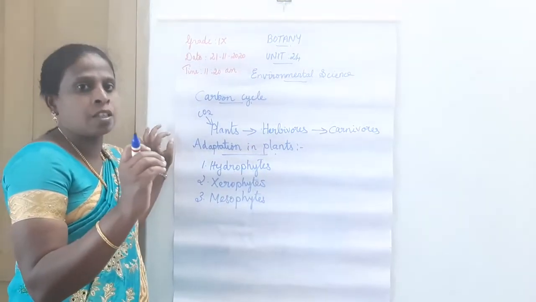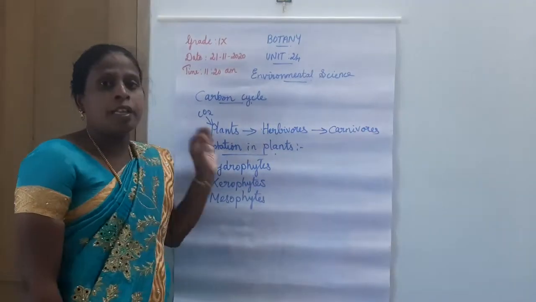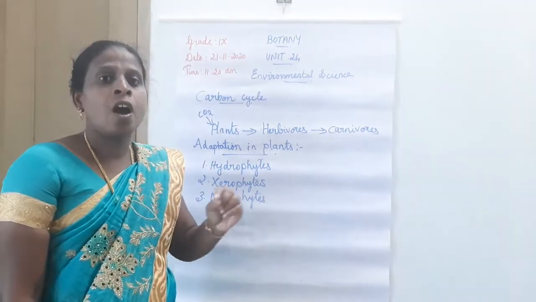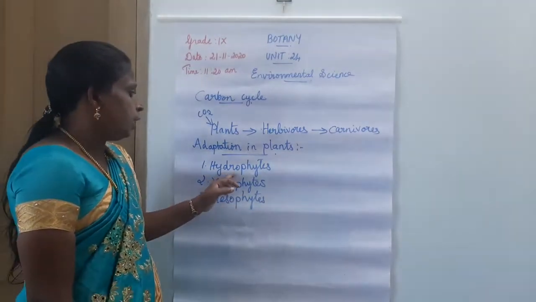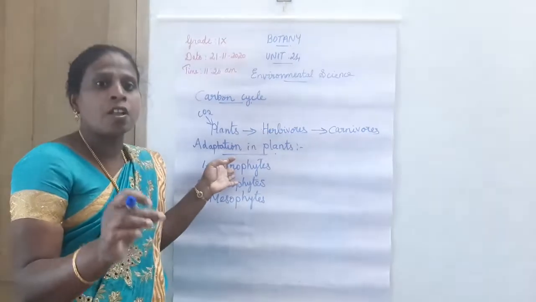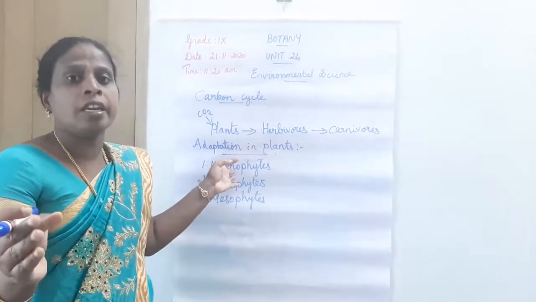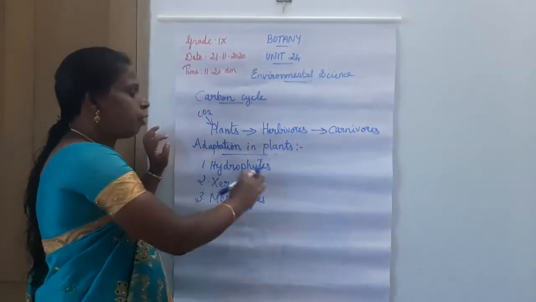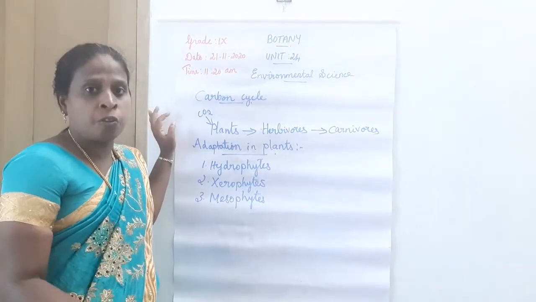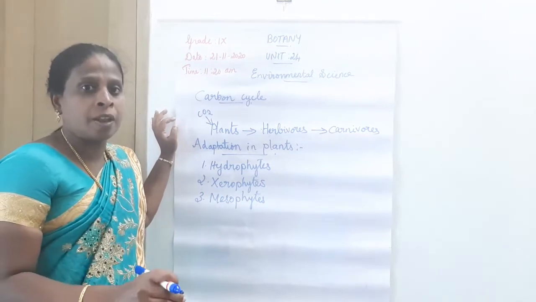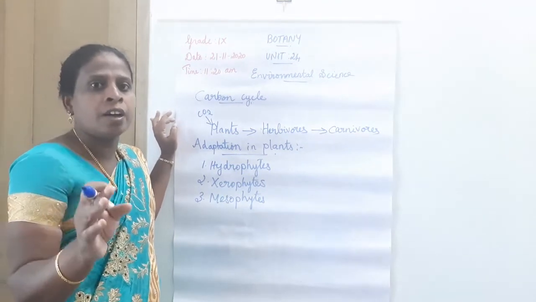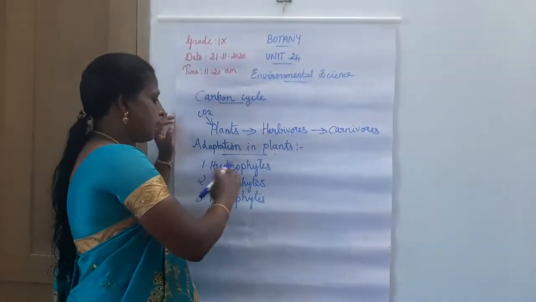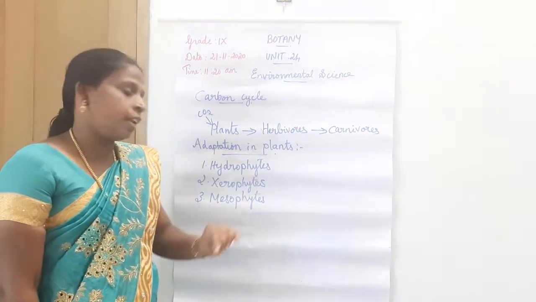So water plants are called hydrophytes. Hydrophytes are seen in water or near water. They consist of free floating plants and submerged plants, which can be seen in rivers, ponds, lakes and in marine habitats.